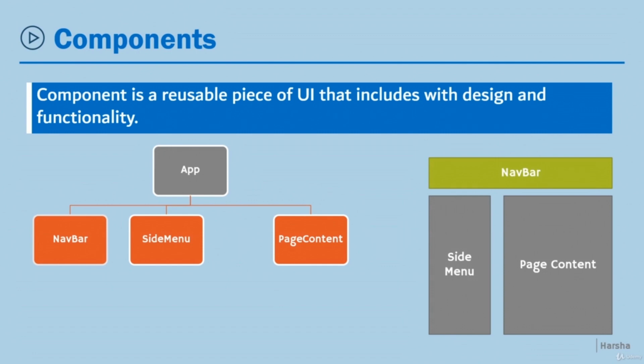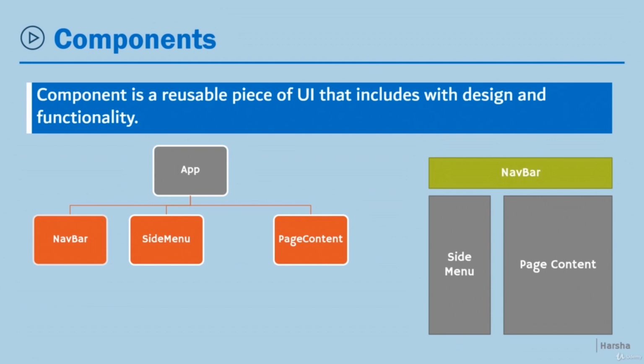And by default, these components are reusable. That means you can use the same navbar in a different page or in a different application wherever required. Because it is an individual, sophisticated, and isolated component, it is self-sufficient enough to have the data in the form of state and project or render the information to the user.